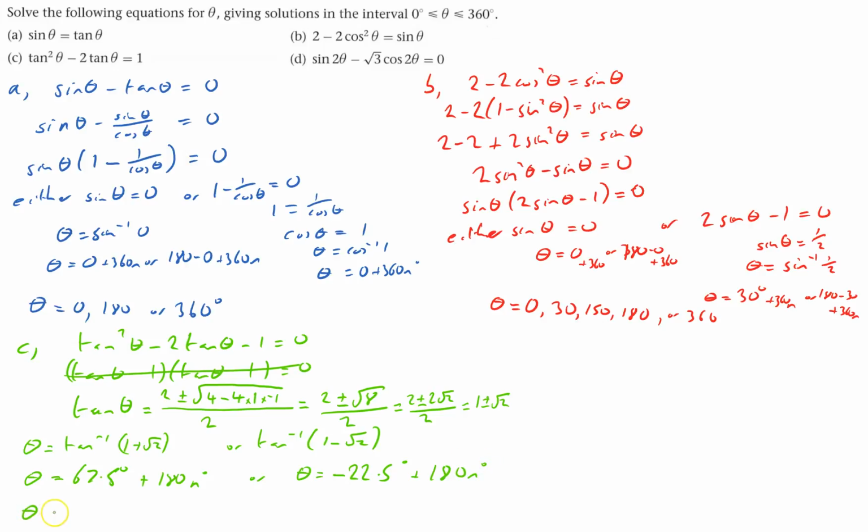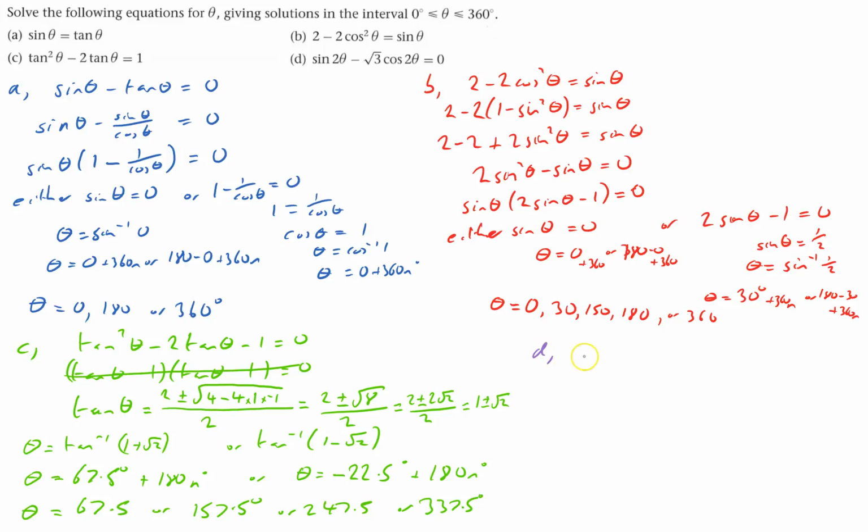And so we've now got theta is, the first one we've got is 67.5, or next one, that's 180 minus 22.5, which is 157.5 degrees, or 180 plus this, which is 247.5, or finally, that's 360 minus that, which is 337.5 degrees.